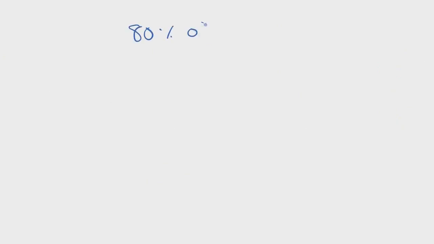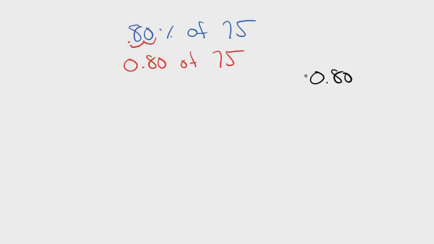Problem number 28, 80% of 75. The decimal's not in sight, so it must be on the right, and I move it 2 spaces to the left, which I always do to change a percent to a decimal. I get 0.80 of 75. I'm just going to rewrite this right here, times 75.